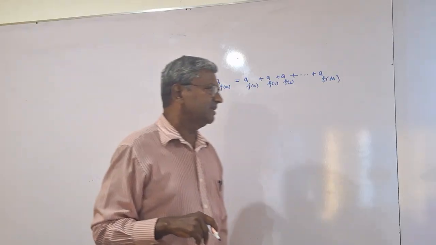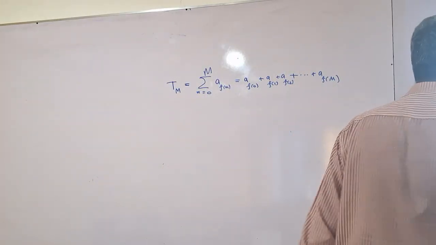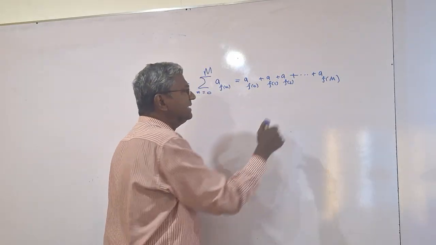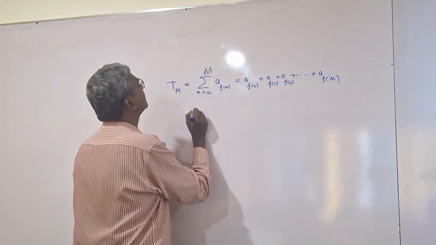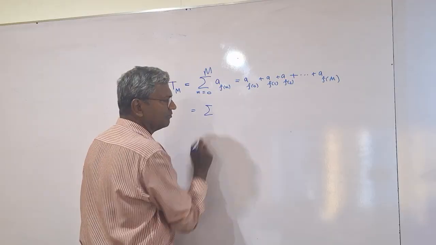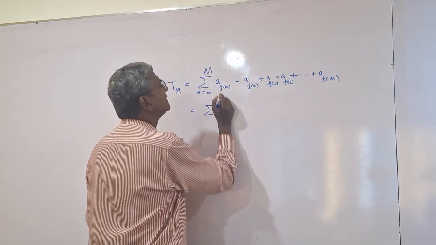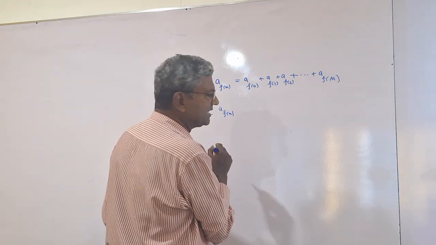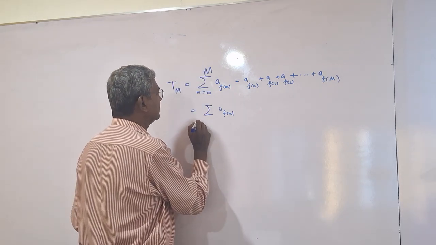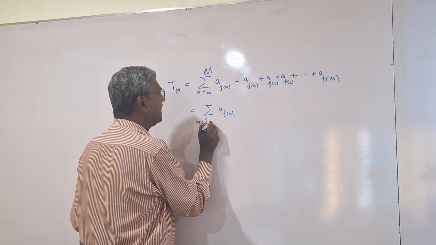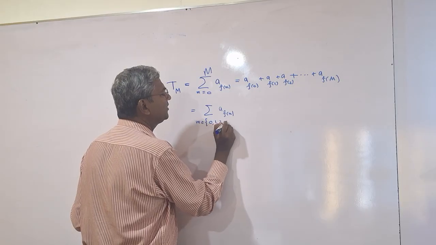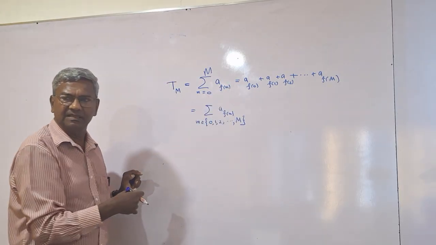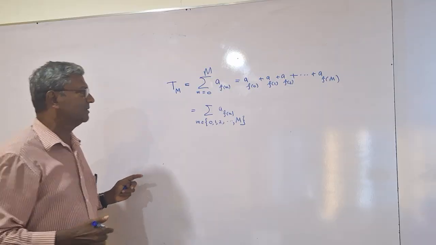This is trivial. Then he says this can be regarded as, next thing he writes, sum of AFM, M belongs to Y. What is our Y? Y is 0, 1, 2 up to capital M. Same thing. Identity.